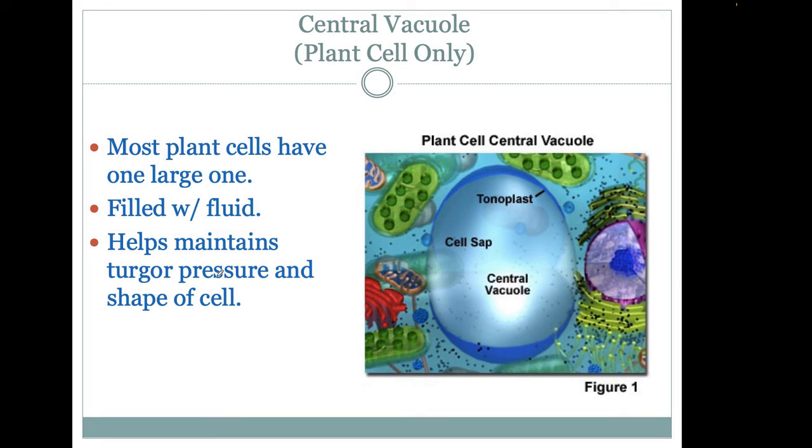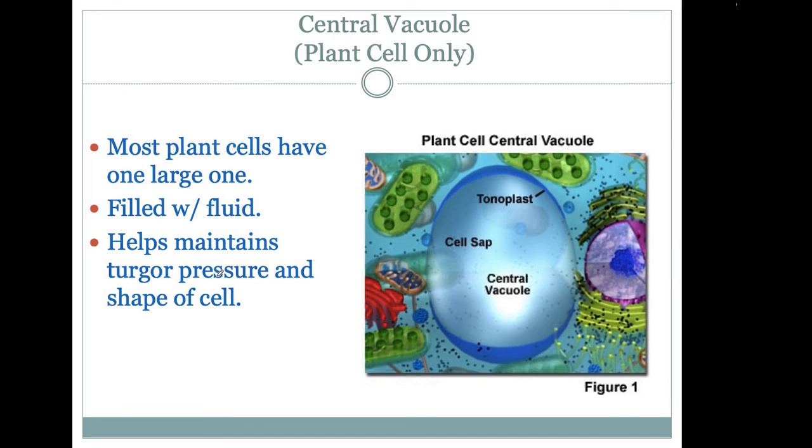This is the central vacuole. We already discussed the difference between animal and plant cells. In animal cells the vacuoles are small and temporary, but in plant cells the vacuole is large and permanent.